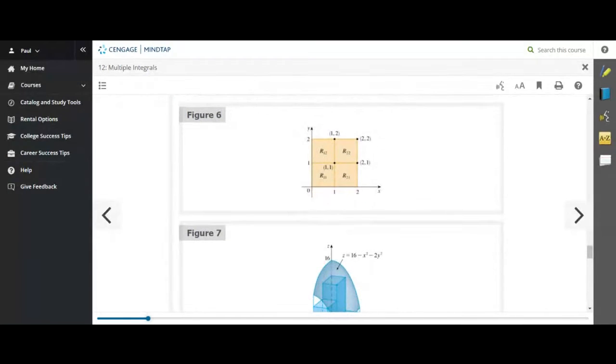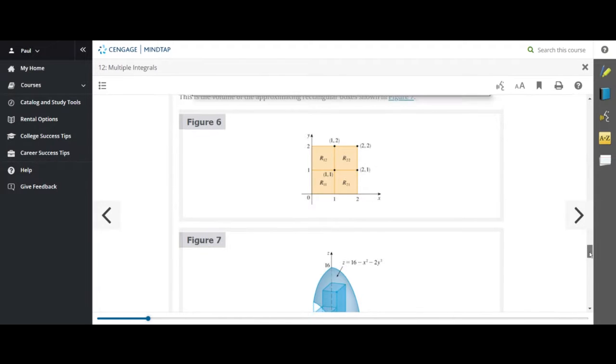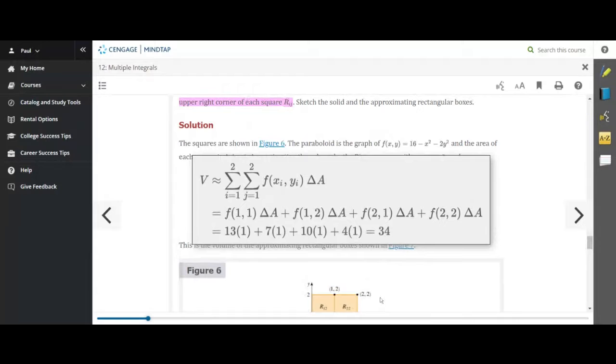The corners are (1,1), (1,2), (2,1), and (2,2). Those are the upper right corners of each subrectangle. So to approximate the volume, here's how you would do your approximation.